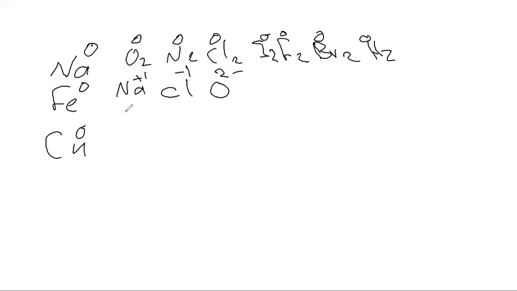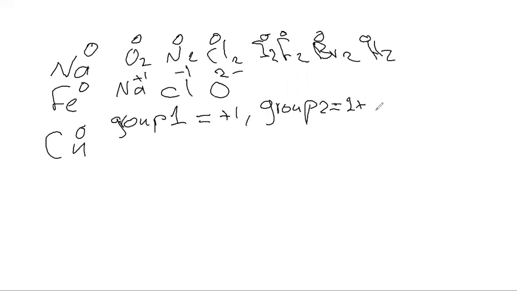First of all, group 1, like sodium, lithium, potassium, when in a compound, will have a positive 1 charge. Group 2 metals, like calcium, magnesium, barium, when in a compound, will have 2 positive charge.